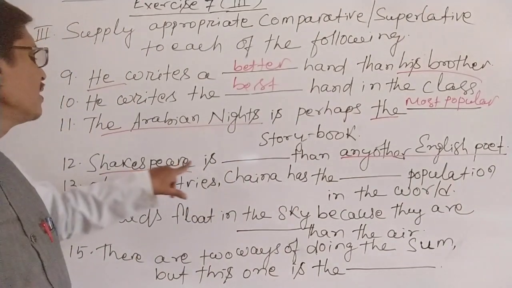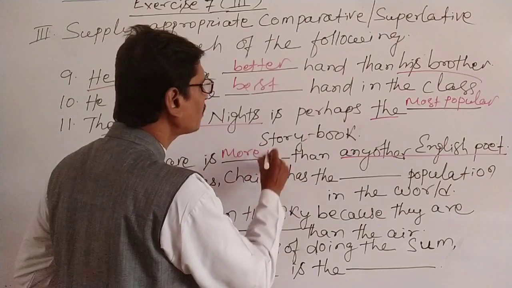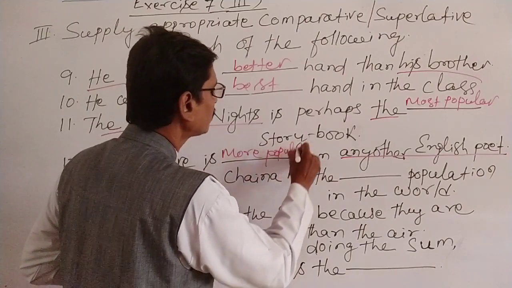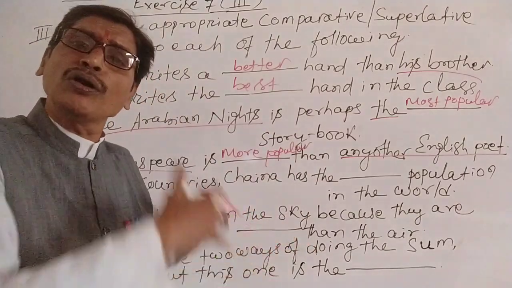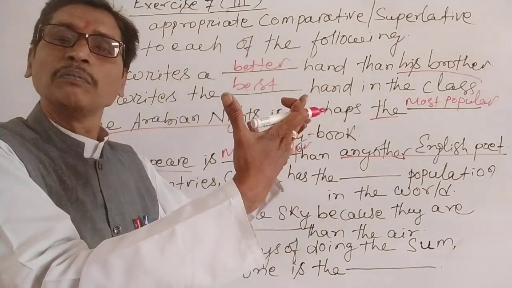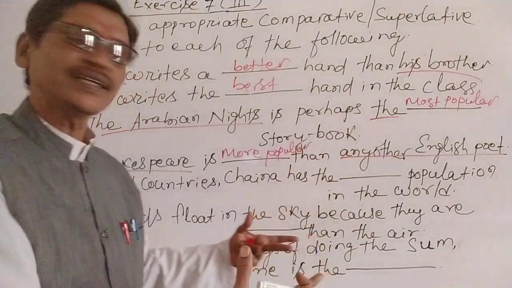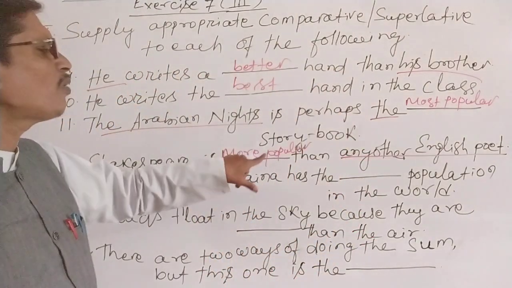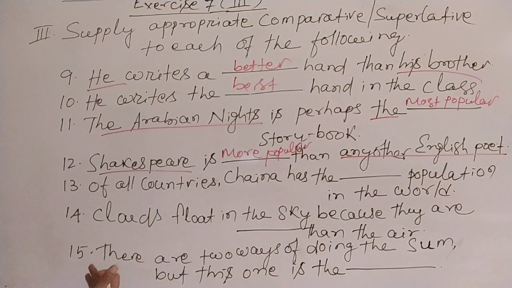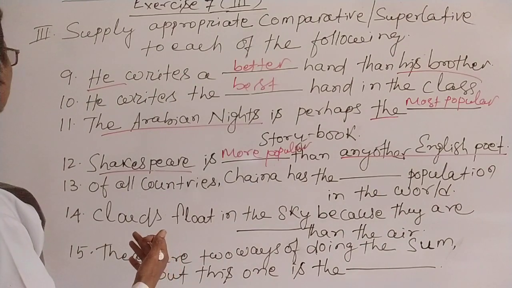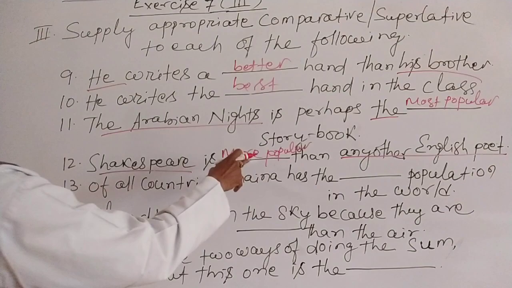So Shakespeare is more popular, or you can say more famous, more well known, more advanced, more intelligent, and so Shakespeare is more popular than any other English poets. We can say, okay, here is the more popular, understand?